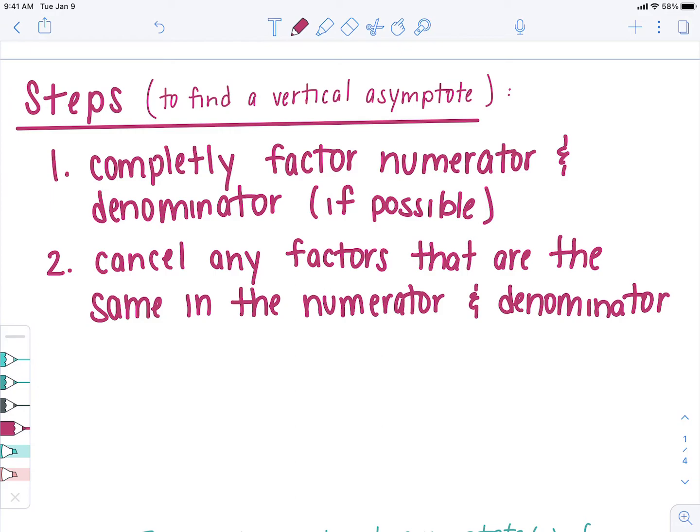And remember, numerator is the top of your fraction, denominator is the bottom. So once we've simplified it as much as possible, we've canceled anything that's exactly the same in the top and the bottom, we're going to take whatever's left in the denominator, set it equal to 0, and solve for x.